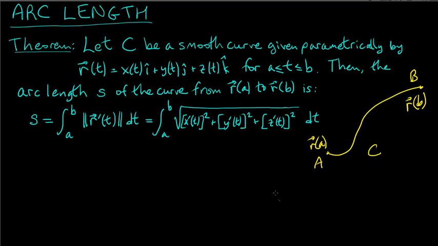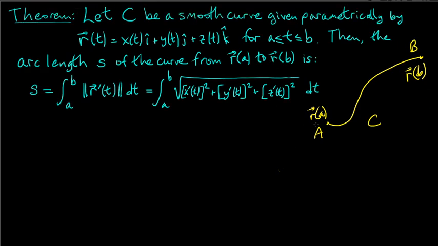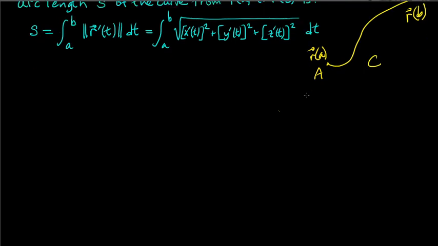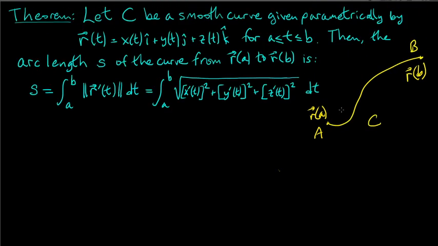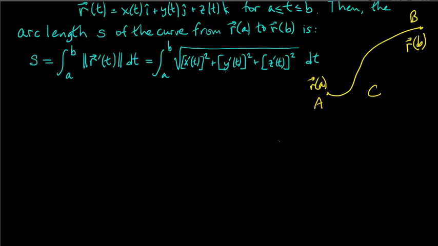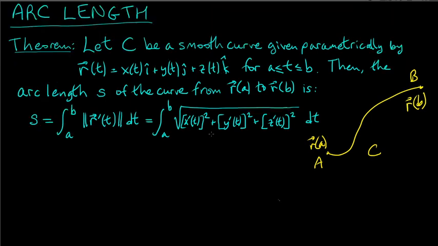In most cases, that's the best we can do. But let's do an example where we can actually calculate this explicitly. These tend to be kind of artificial examples where the integral works out so we can calculate it by hand. In many cases, even in relatively simple cases, this integral may not even be doable by hand. So just keep that in mind.